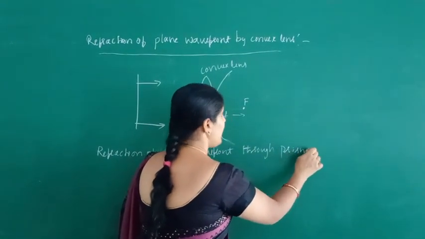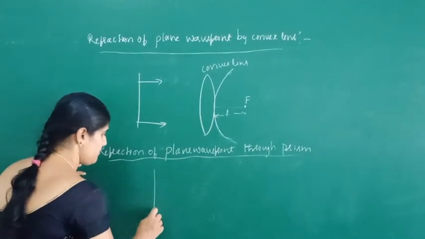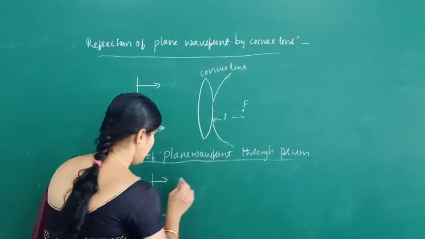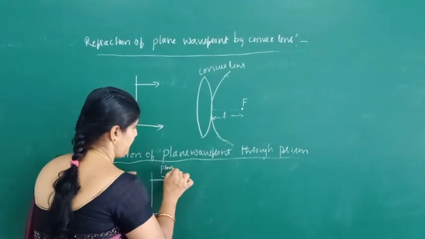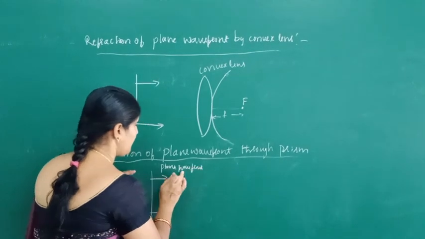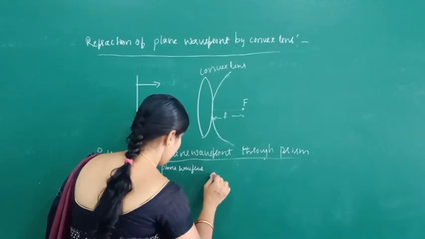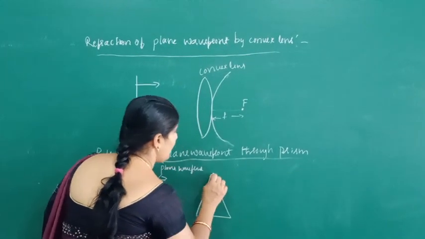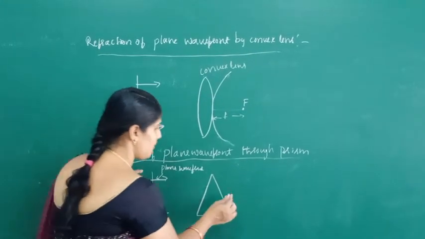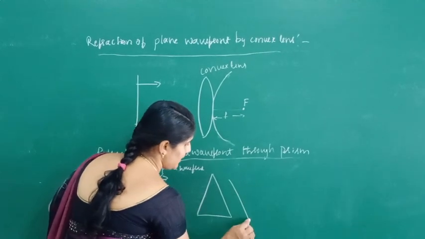When a plane wavefront is incident on the prism like this, this is the plane wavefront, again you will get a plane wavefront as the refracted wavefront like this.